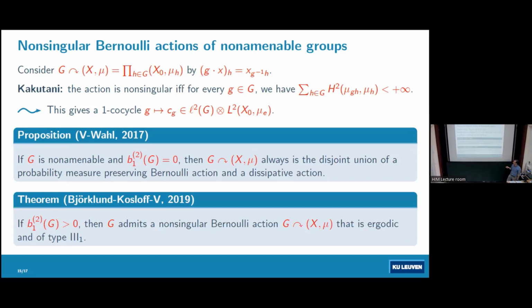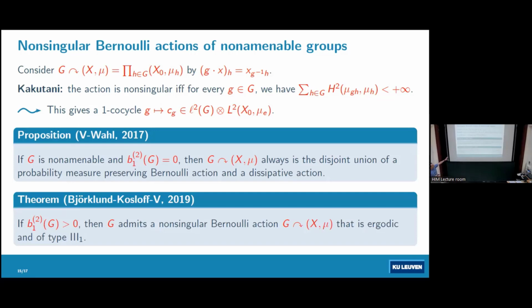Now on the opposite side, on the constructive side, with Michael Björklund and Semir Kozlov, we proved that if the first Betti number is positive, then actually you can get type 3. So there do exist non-singular Bernoulli shifts of type 3-1. Now this is, of course, again, such an existence kind of result.